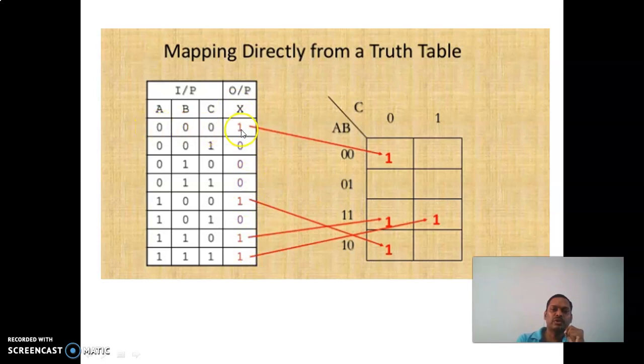For example, in the 0 location it is 1, so it is nothing but a minterm m0, and this is 4, and this is 6 and 7. So in those locations we are marking these ones, and we can map the 3 variable K-map like this: the top one and bottom one as one group, and these two as one more group. Thank you.